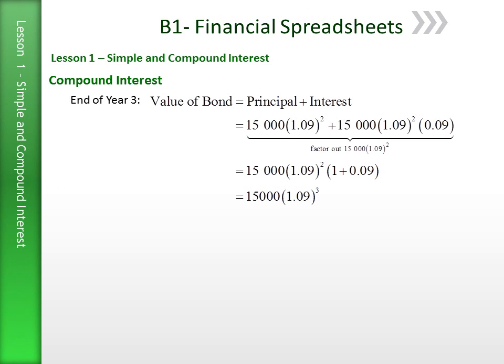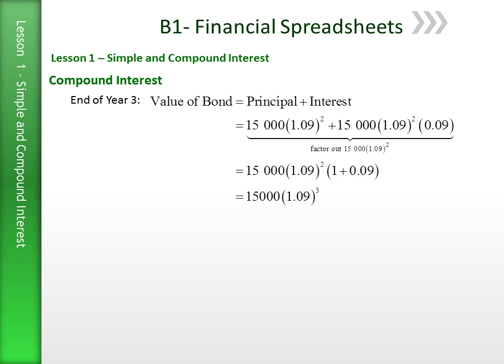At the end of year 3, again the value of the bond is going to be the principal plus the interest. The principal here is going to be the value of the bond at the end of year 2. So 15,000 times 1.09 squared. Now we're going to add the interest earned, which is going to be the principal, again, times 0.09.